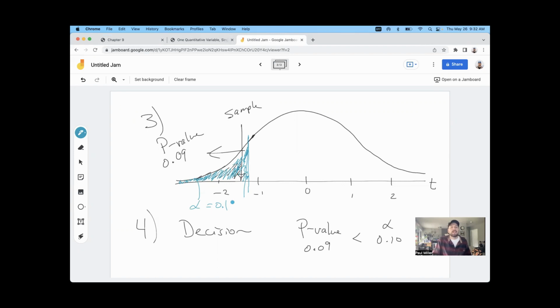If someone decided, I'm okay with a 5% level of significance, then the sample doesn't end up in the rejection region. If they want a 10% level of significance, it does. And so that's going to be included in the conclusion, what our level of significance is. So the decision, like I said, we're going to reject the null hypothesis.